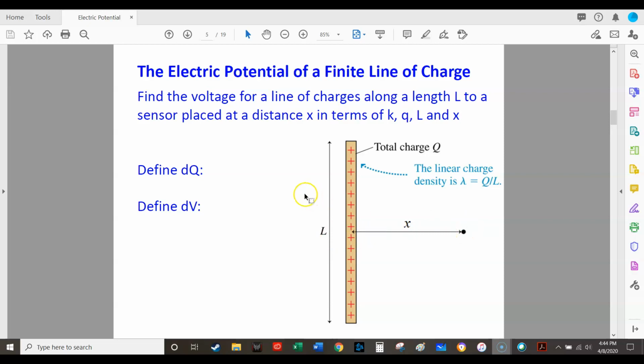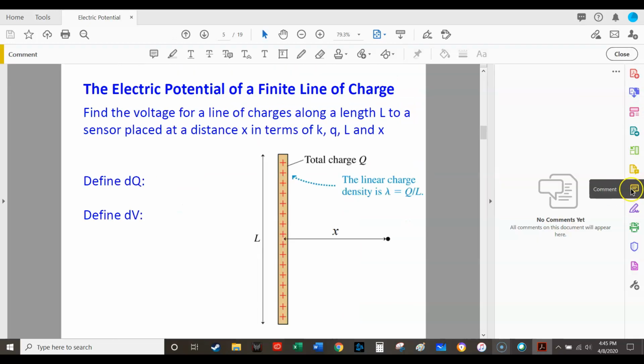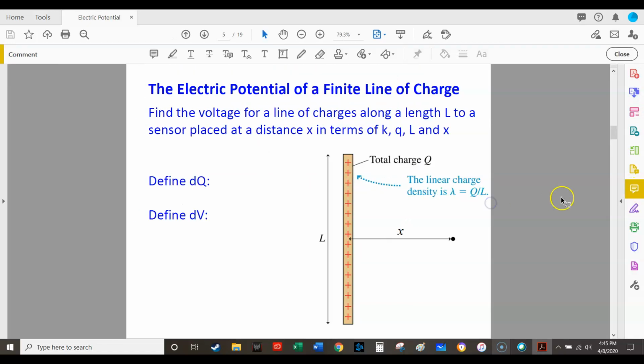So we're going to identify the charge density using dq, and then we're going to go ahead and define the voltage at that point. All right. So I'm going to go ahead and mark up this document. I'm going to begin drawing on it. I'm going to hit my comments, and then I'm going to close that out. And then I'm going to use a pencil to do this.